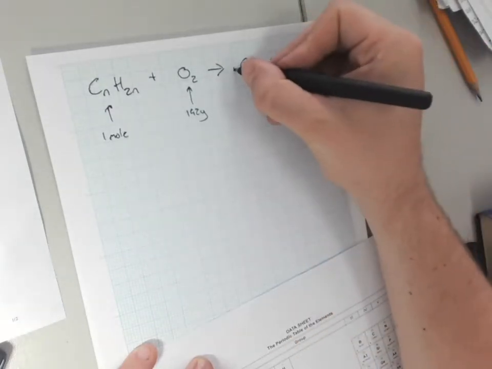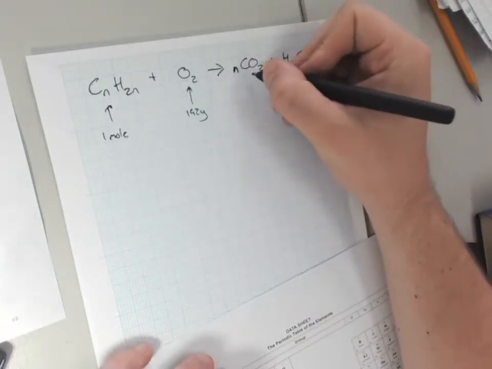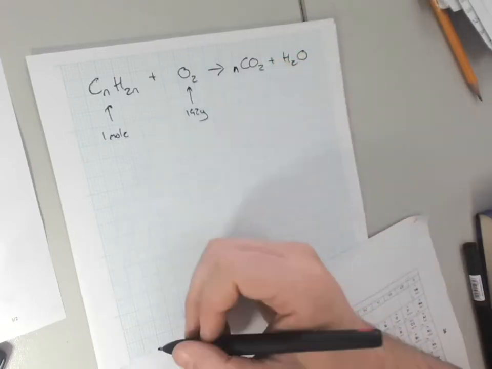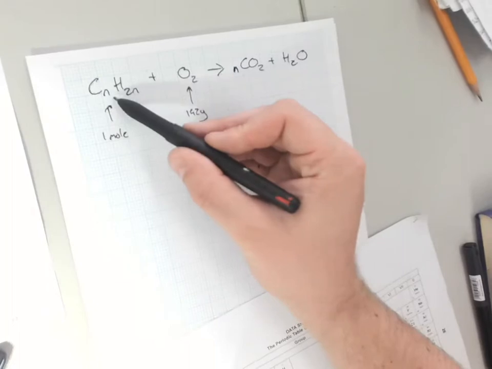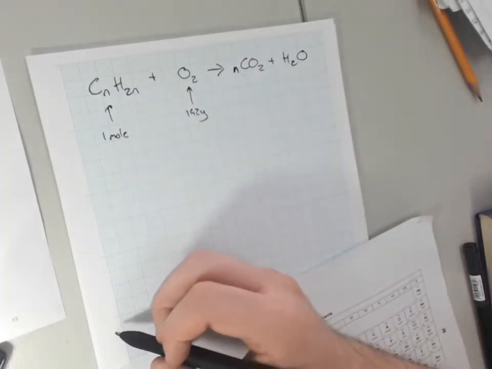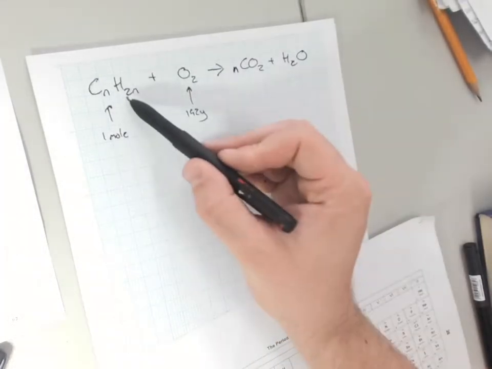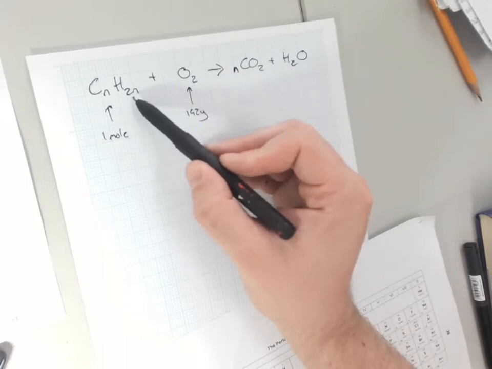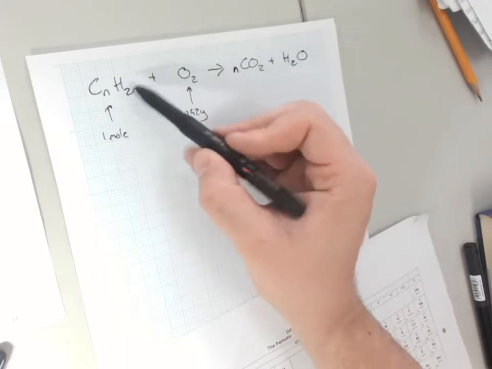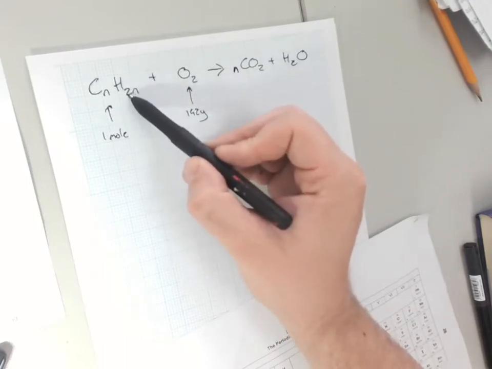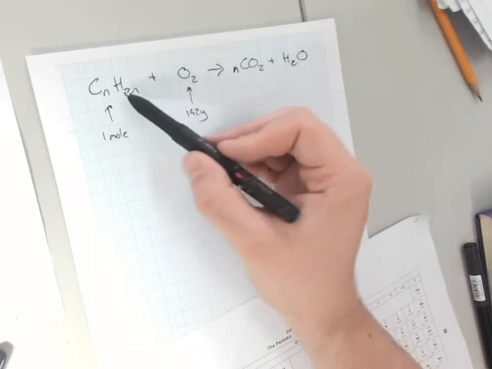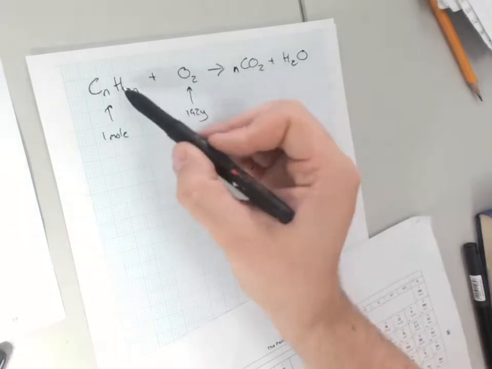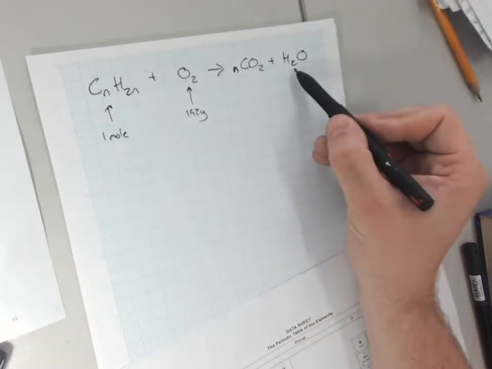What we call these big numbers is coefficients. We can say that the coefficient of carbon dioxide is going to be n. The number to balance it is going to be the same as the number of carbons. We can also deduce that there are 2n hydrogens in the hydrocarbon, and there are 2 hydrogens in each water.